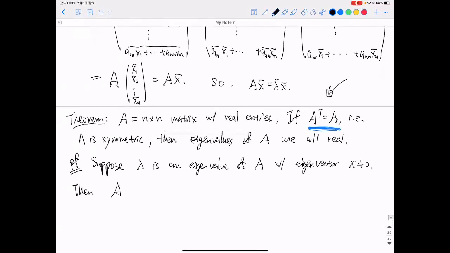Then Ax is equal to lambda x. For the moment, x is a complex vector, so we're going to treat it like one for now. We're going to consider the following expression: x bar transpose times Ax.